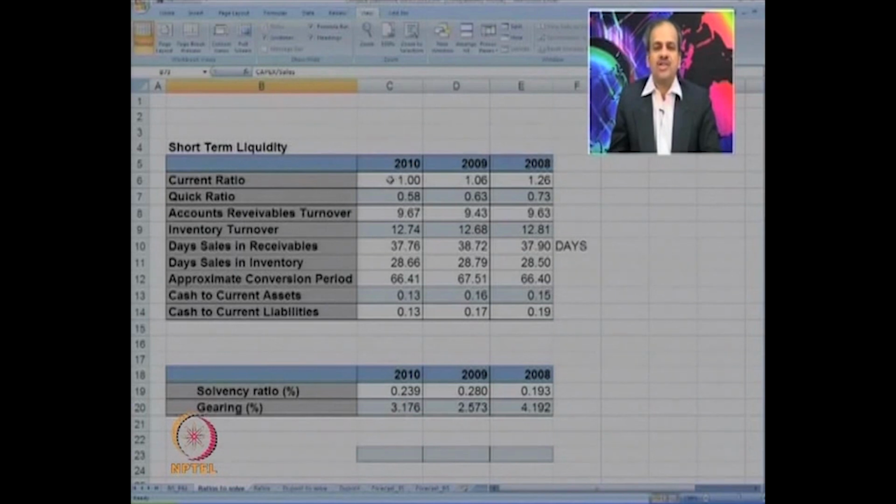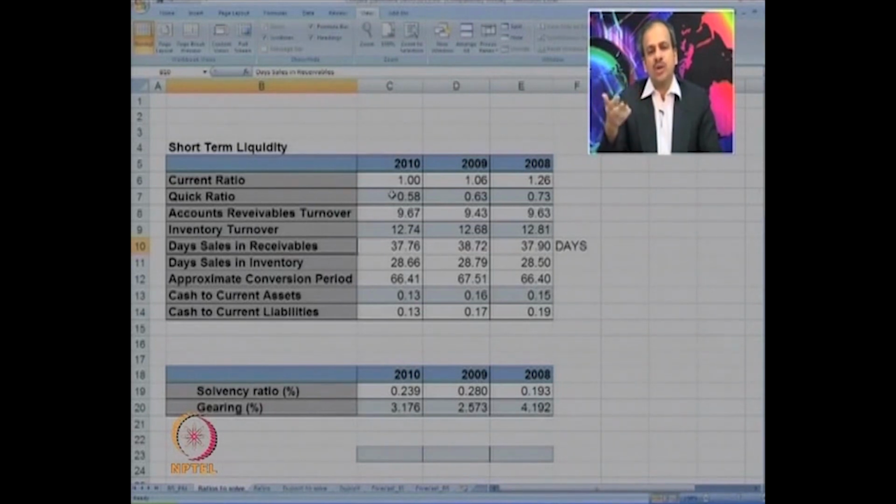The first type of ratios which we had started with were short term liquidity. So, you know these ratios now: current ratio, quick ratio, account receivable turnover, inventory turnover, then followed by days sales receivables, wherein we try to convert the receivables into number of days.